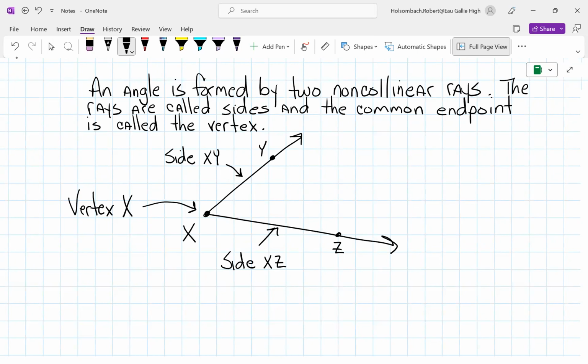So we've got an angle that has a vertex. It has two sides. You label the side of the angle using the description of the ray that forms the angle.